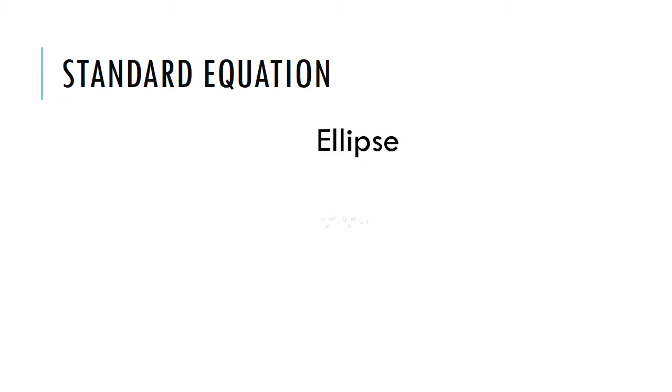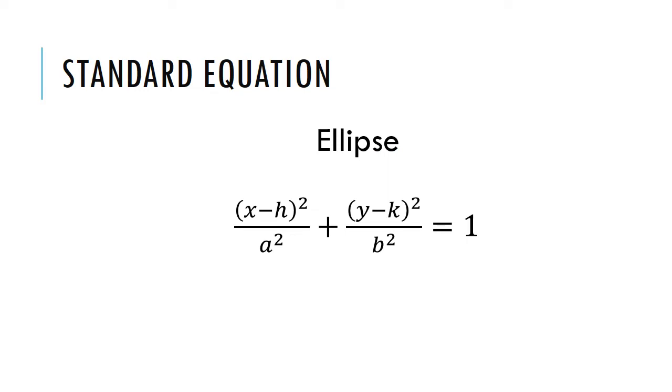The standard equation for an ellipse is the quantity x minus h squared all over a squared plus the quantity y minus k squared all over b squared equals 1, where h and k is the center of the ellipse and a and b are the lengths of its axes.